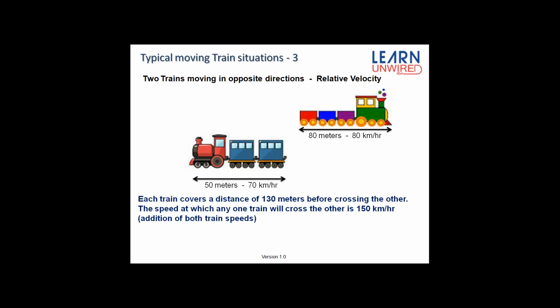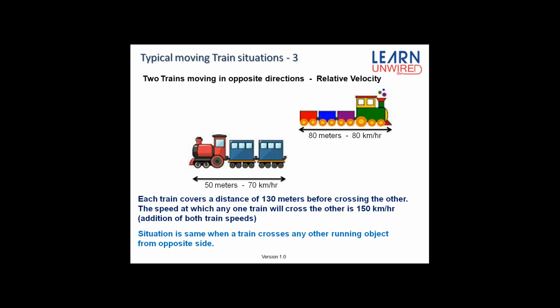This is also the summation of both the speeds of each train. And the situation is the same when a train crosses any other running object from the opposite side. If somebody is running from the opposite side, he or she will see you running very fast, which is not his or her actual speed. Because of the situation, the crossing speed increases.